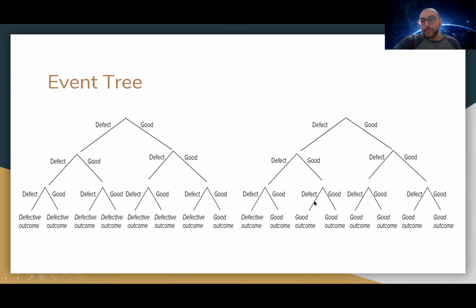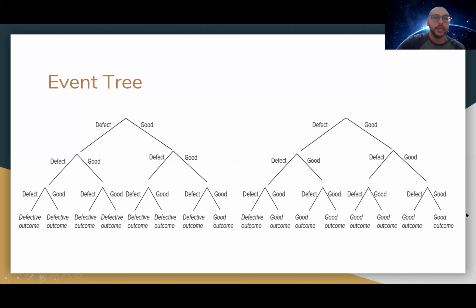So even if the patient ends with a defective outcome, like let's say she doesn't realize that she's not receiving the correct medication, it will still end up with a good outcome because it was already fixed at the second step. And the only way to have a defective outcome is for all 3 steps, for the doctor, for the nurse or the pharmacy, and for the patient, to have defective outcomes. That's the only possible way to get a defective outcome.